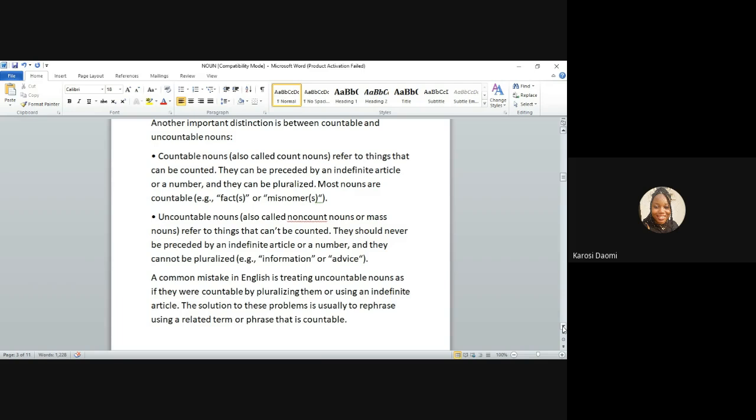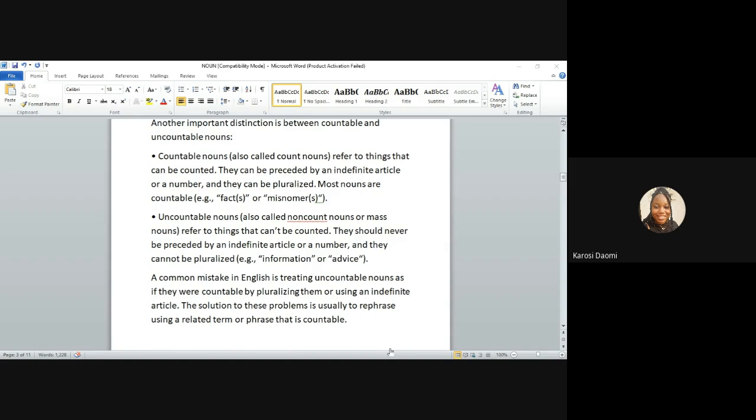For example, a good example of uncountable nouns is sand. You cannot count sand per se, but you have a measuring yardstick that you can use, probably a truckload of sand. But sand as it is, you can't really count it. So you use a truckload of sand, a handful of sand.